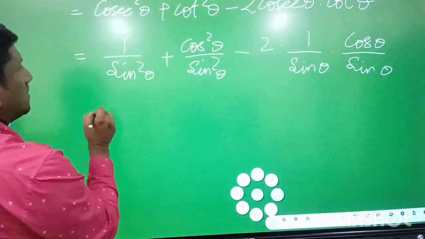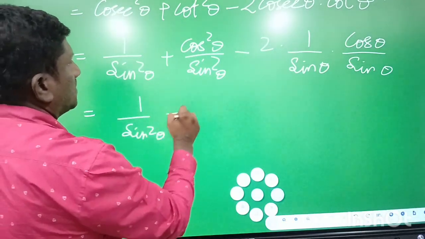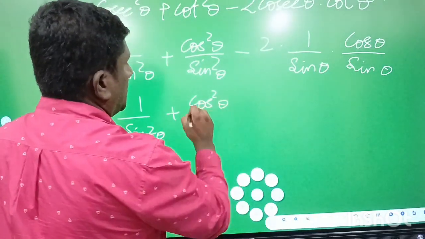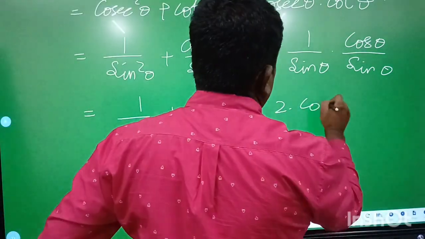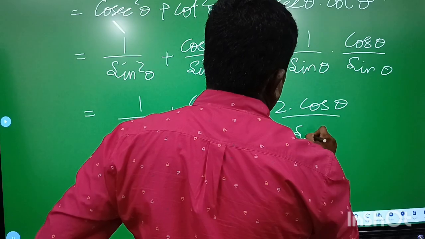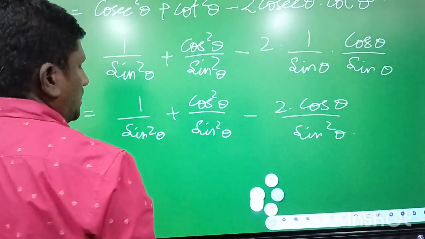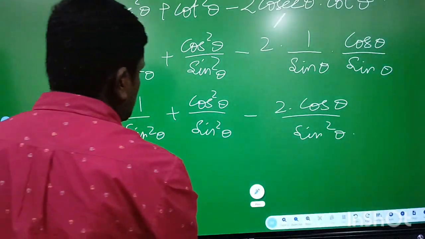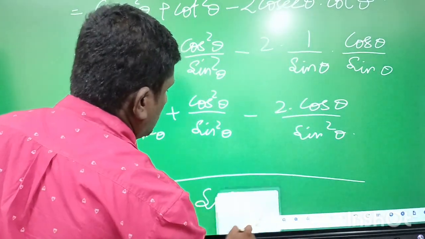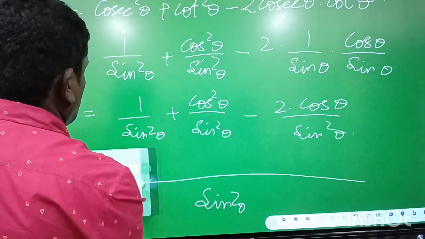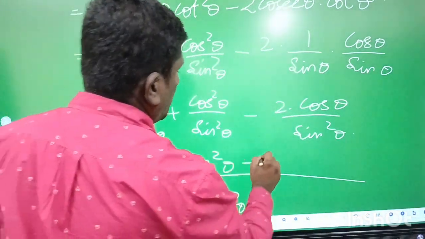So 1 by sin square theta plus cos square theta by sin square theta minus 2 into cos theta by sin square theta. Here you can easily take sin square theta as the denominator: 1 plus cos square theta minus 2 cos theta.